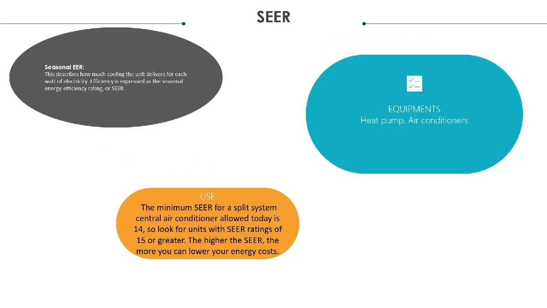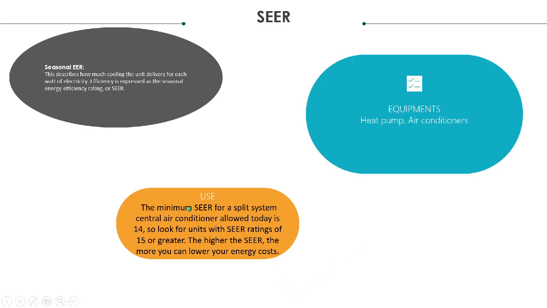The next one is seasonal energy efficiency ratio. This describes how much cooling the unit delivers for each watt of electricity. Efficiency is expressed as the seasonal energy efficiency rating or SEER. What are the equipments using this standard? We have heat pumps and air conditioners.